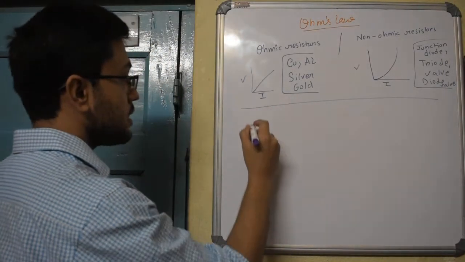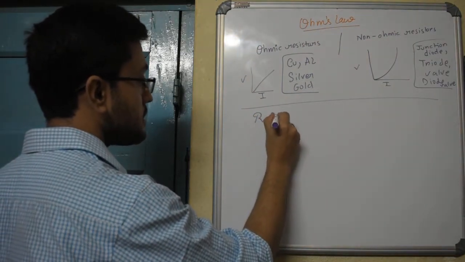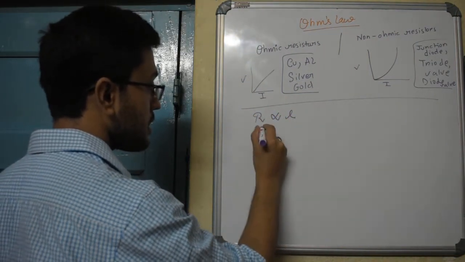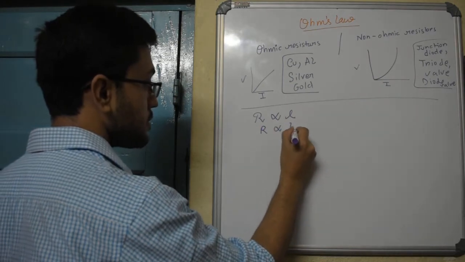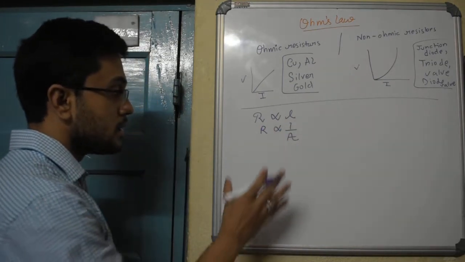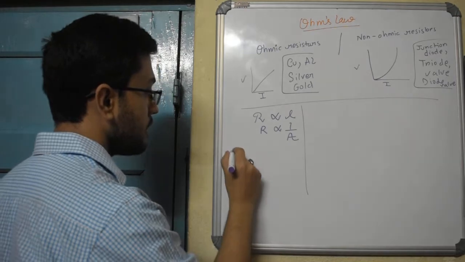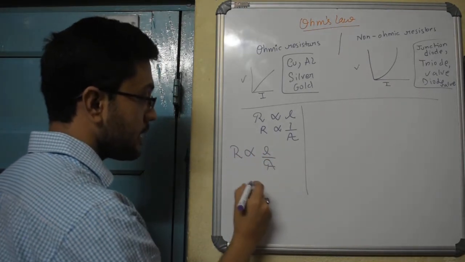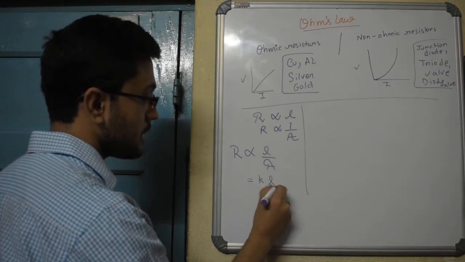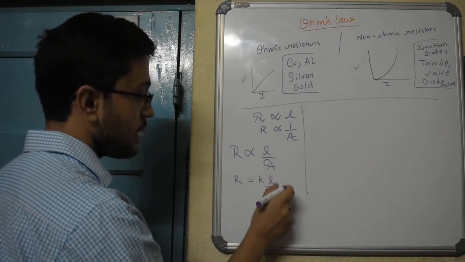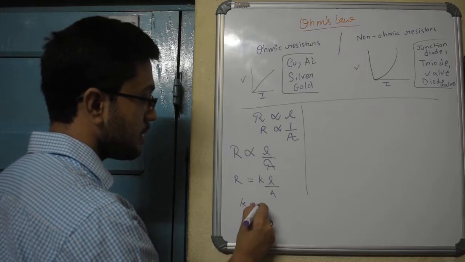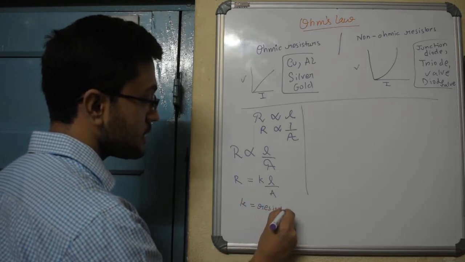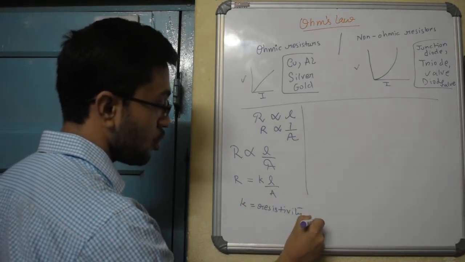Now in the last class we talked about how resistance is directly proportional to the length of a conductor and inversely proportional to the area of a conductor. These two can be combined to write that resistance is proportional to length divided by area. If I bring in a constant of proportionality here, resistance becomes K L by A. This K here is what is called resistivity, rho.